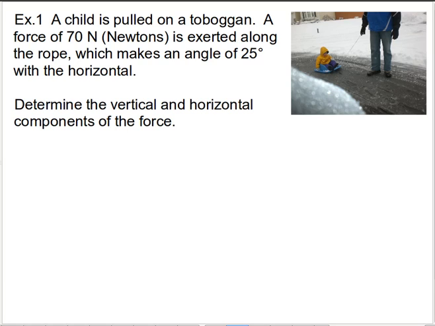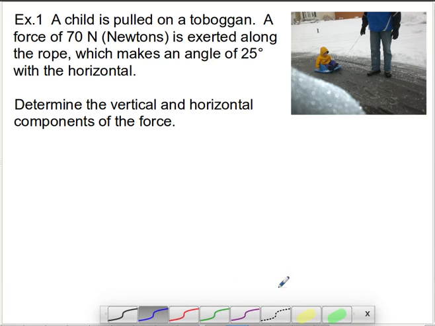So let's take a quick look at an example here. What we have is a child being pulled on a toboggan. I've got a little snapshot to the right there. And a force of 70 newtons is being exerted along the rope. So newtons are the units that we use to express a force.